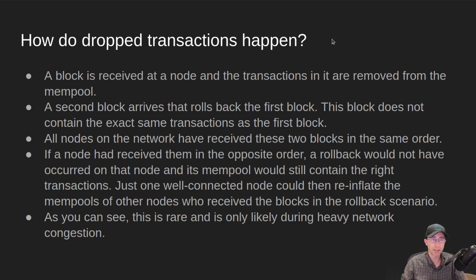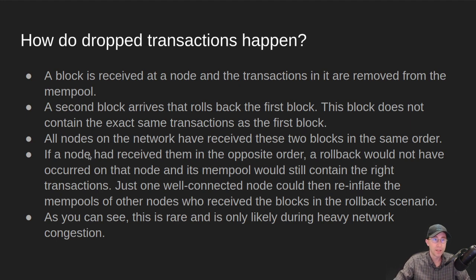Then let's say a second block arrives that rolls back that first block, either a slot battle or some type of fork. That block that was on chain, that had its transactions removed from the mempool, is now replaced by another block. And maybe this new block does not have the exact same transactions in it as the first block. So the difference in those transactions is just lost at this point.